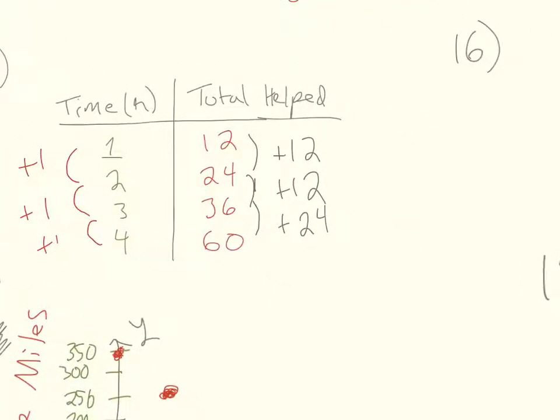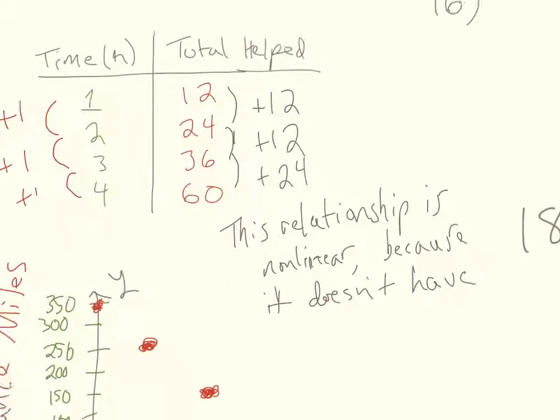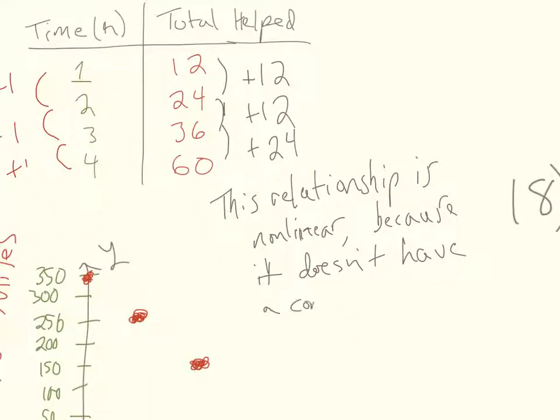So I would write this as this relationship is nonlinear because it doesn't, whoa, sloppy writing, it doesn't have a constant rate of change.